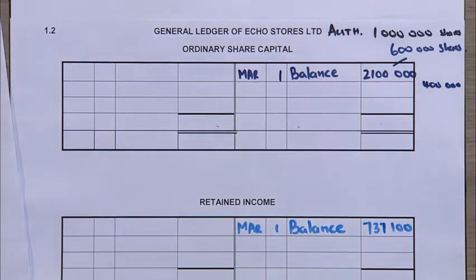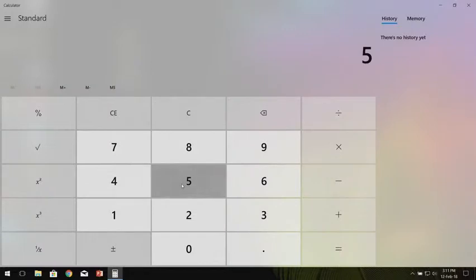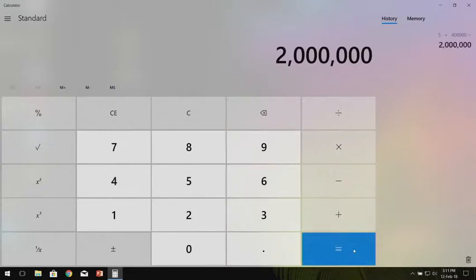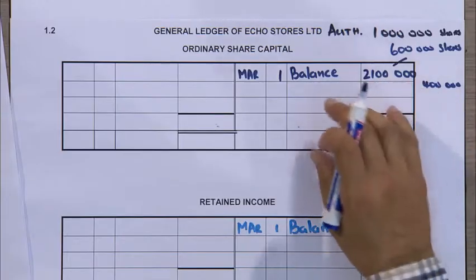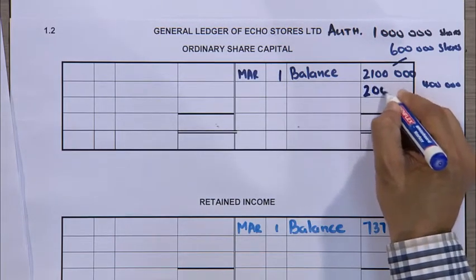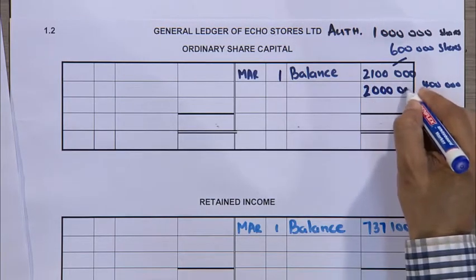So it's going to be 5 Rand multiplied by 400,000. So it'll give you 2 million. So when we're issuing the extra shares, it means that our ordinary share capital will increase by 2 million. So that will increase by 2 million.